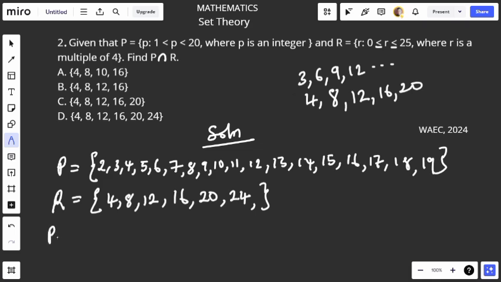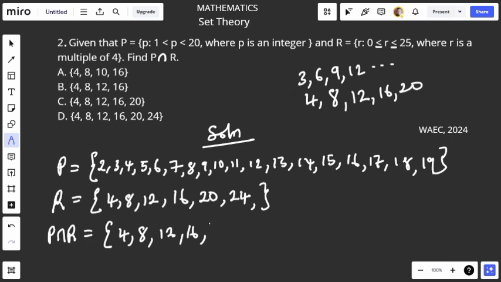Now they say we should find P intersection R. Intersection means the elements that are common to both sets. That's the element you will find in P and also find in R. So what are the common elements? 4 is the first common element, 8 is the second, 12 is the third, and 16. 20 is not in P, and 24 is not there.